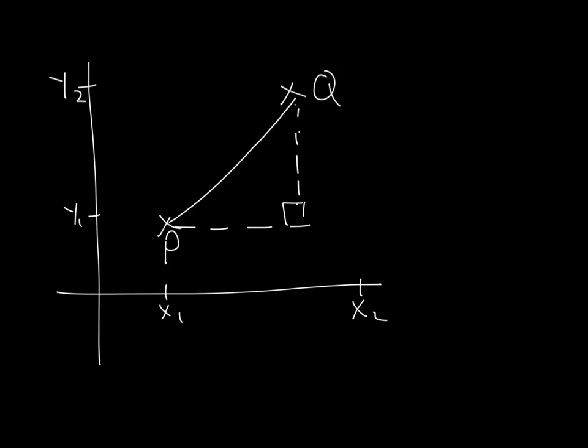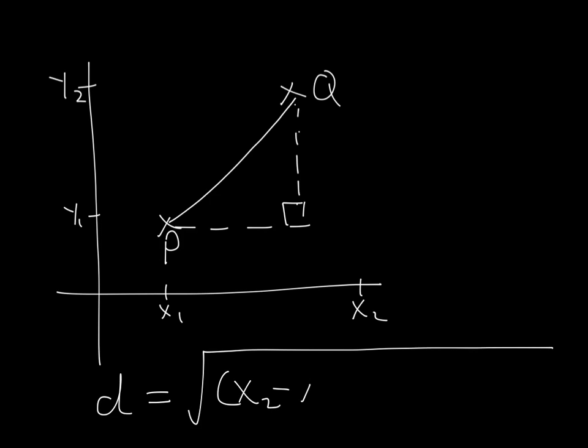So in the general situation, we have 2 points, P and Q. The distance between P and Q is going to be the square root, and we use Pythagoras' theorem, which always means we've got squares of distances, but the square root of the difference between the 2 x coordinates plus the difference in the 2 y coordinates.